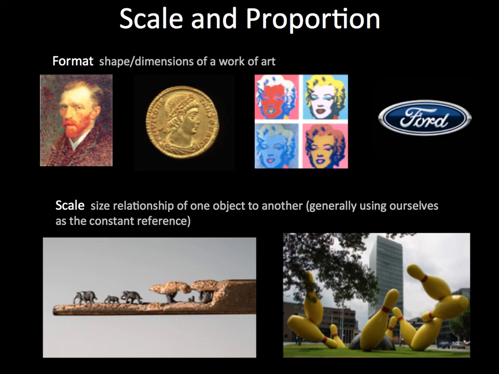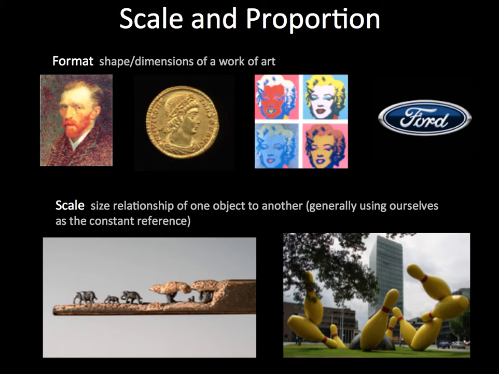More of a square format, we see this Andy Warhol example of Marilyn Monroe featured here, third from the left. And the last one is a logo, the Ford logo, in this oval type of format. So all of these would be different types of formats. You could also talk about formats in terms of their dimensions.